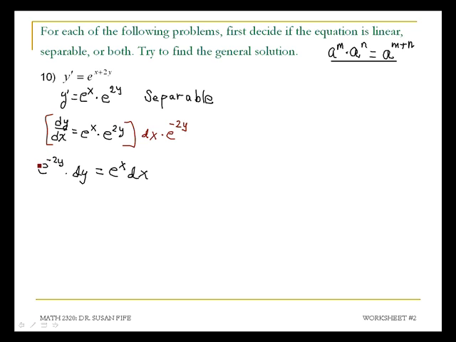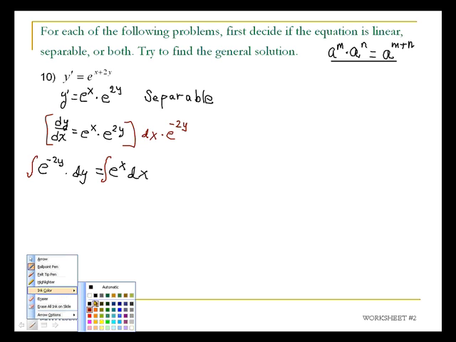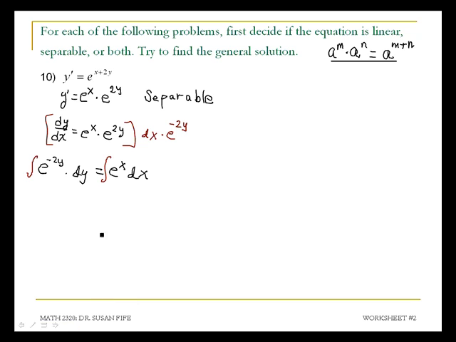Now that we've separated the x and the y terms, we can go ahead and integrate both sides of the equation. On the left side of the equation, we're integrating this exponential e to the negative 2y with respect to y.